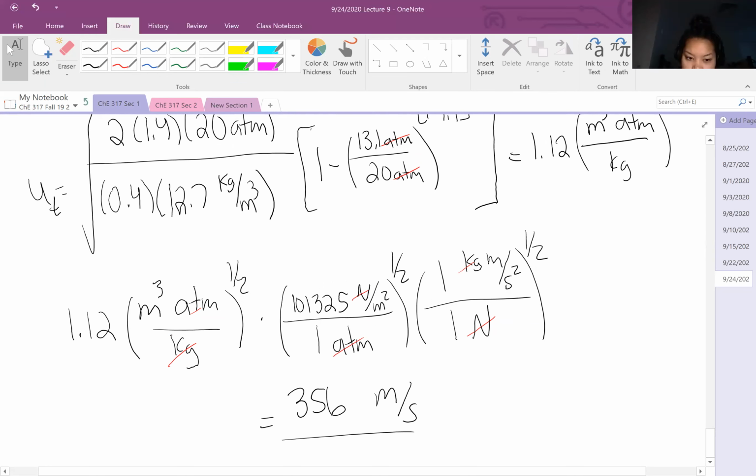So we wouldn't need to multiply by 101,325 to the 1/2, just 101,325? No, it would have to be 101,325 to the 1/2.